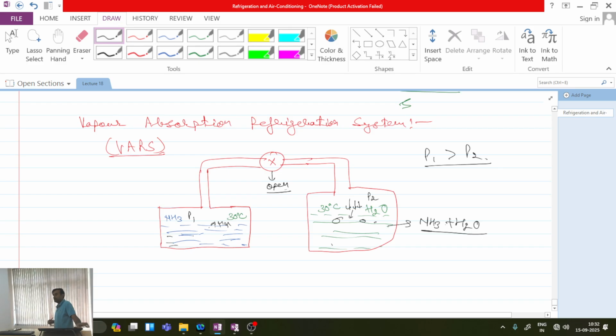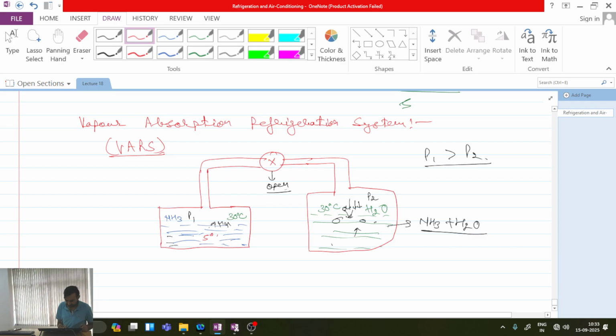So I will now have a liquid mixture of ammonia plus water in this chamber. How is the ammonia coming? Basically ammonia vapor has come and that ammonia vapor has condensed. When ammonia vapor condenses, it releases latent heat of vaporization, so the temperature of this mixture should increase. We will allow this to happen so that, say, my temperature over here reaches some temperature of 5 degrees Celsius.